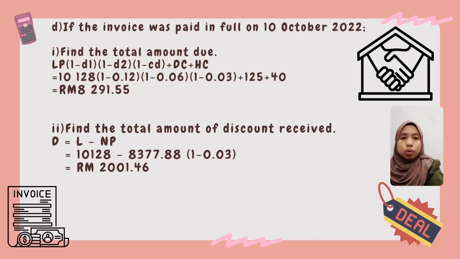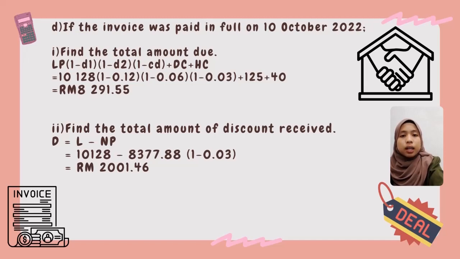L equals 10,128, d1 equals 0.12, d2 equals 0.06, cash discount equals 0.03, delivery charges equal 125, and handling charges equal 40. So the answer is 8,291 ringgit 55 cent.